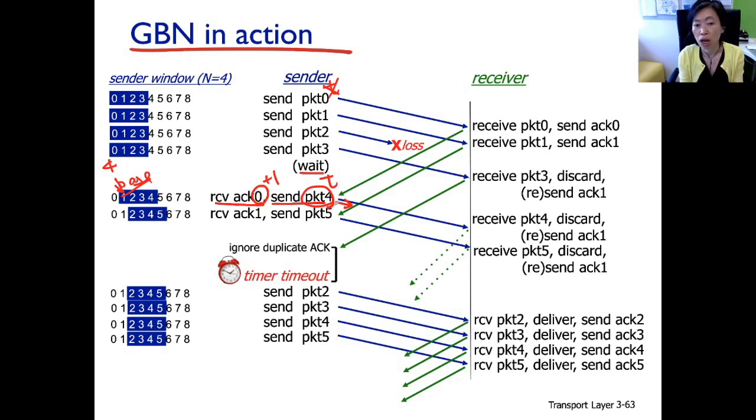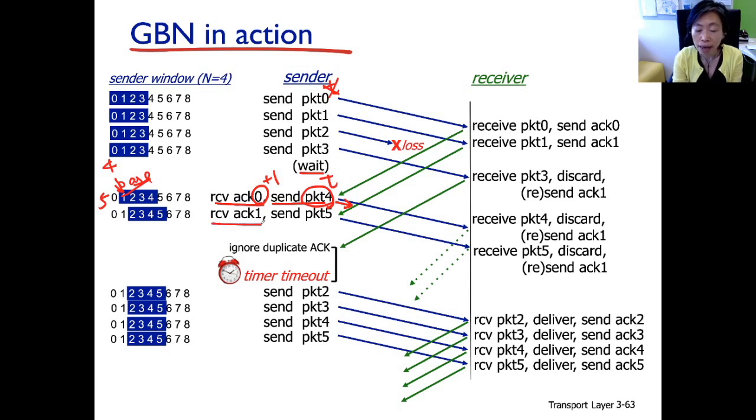No, so we do not start a timer here. Base is 1, so there's already a timer running. So the timer is still associated with base 1. And then we increment the sequence number by 1, so 5 here.